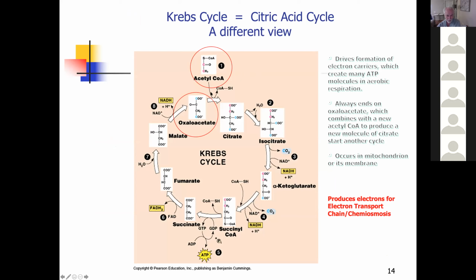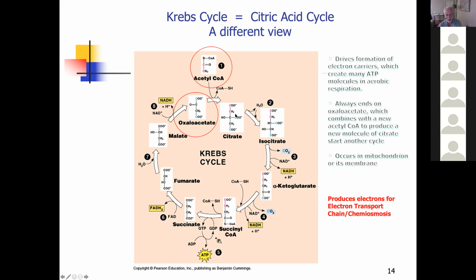So the first reaction in the Krebs cycle is that acetyl-CoA, a 2-carbon compound, is combined with oxaloacetate, which is a 4-carbon compound, to produce citrate, a 6-carbon compound. So you can count the carbons, 2 red ones, 2 blue ones, and 2 black ones.